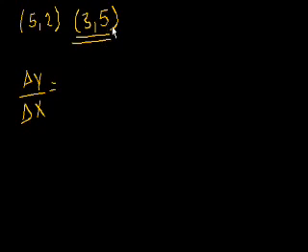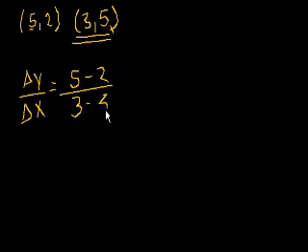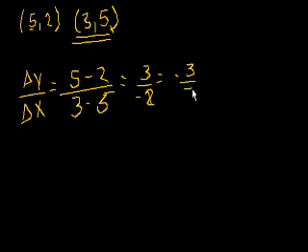Well, change in y would be this 5 minus this 2, over this 3 minus this 5. And that gets us 3, this is a 5, over minus 2 equals minus 3/2.